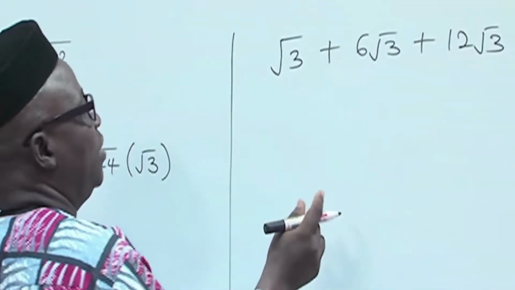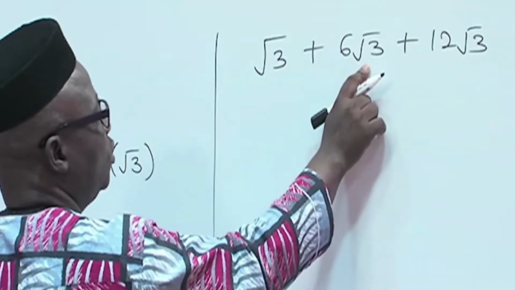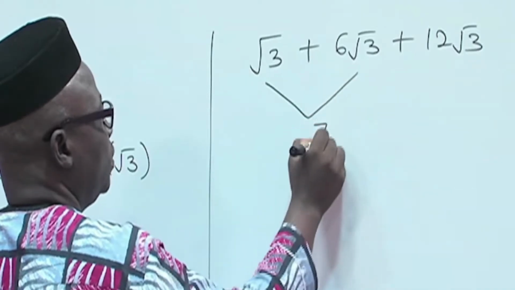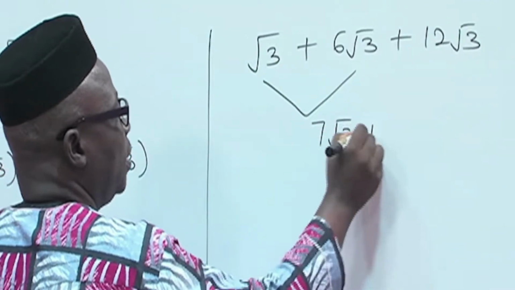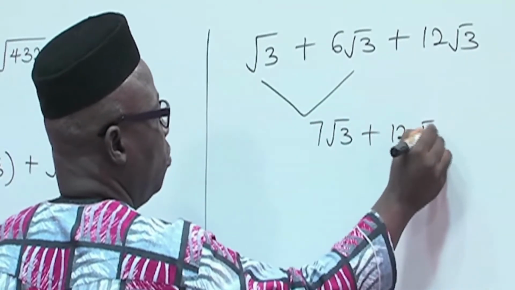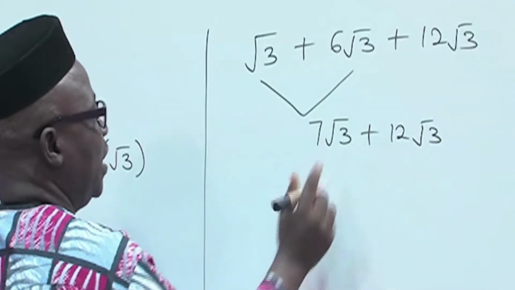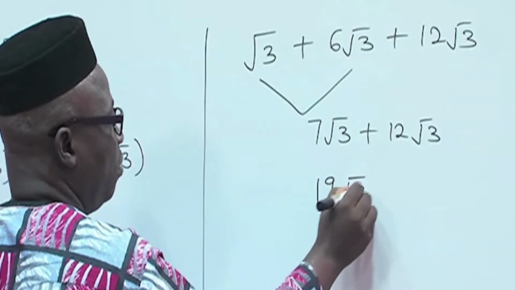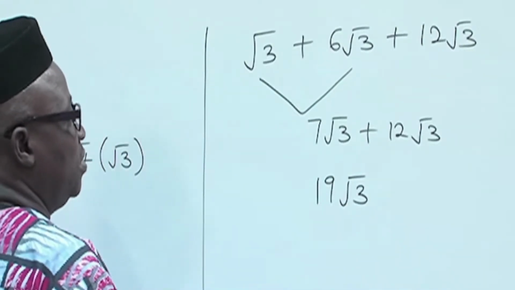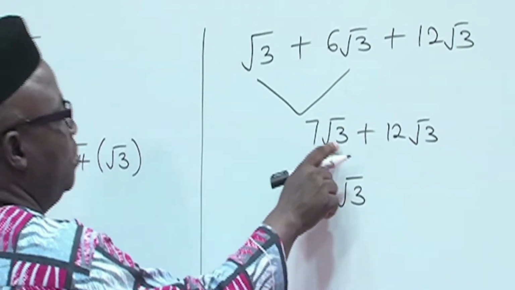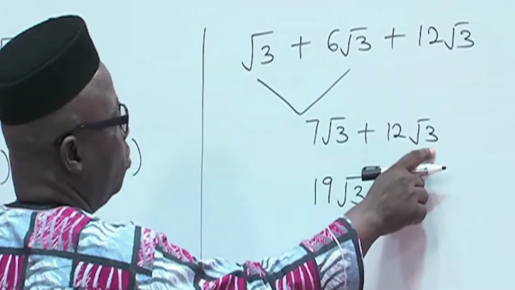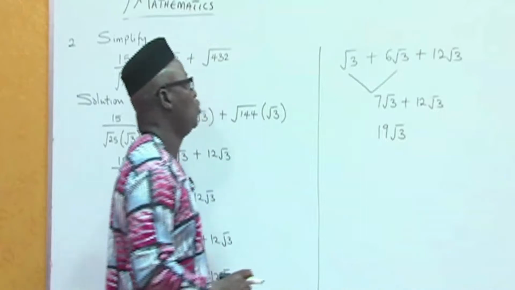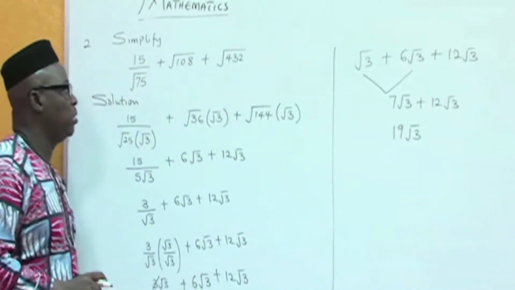So I'm going to do my addition. Root 3 plus 6 root 3 is going to be 7 root 3. That is these two, 7 root 3, then plus 12 root 3. So doing this addition, I'm going to have 19 root 3 as the final result. It's like saying 7 root 3 plus 12 root 3 is going to be 19 root 3. You can put the solution down in your notebooks.